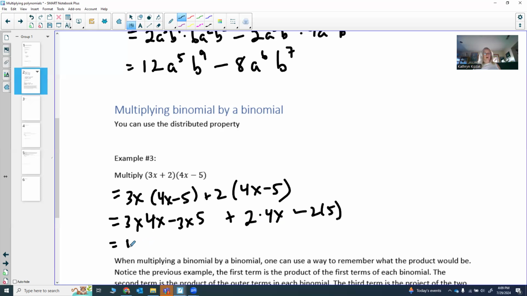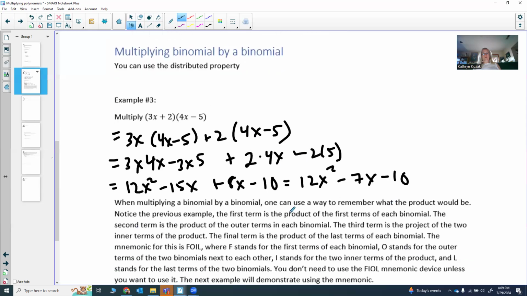So that gives you 12x squared minus 15x plus 8x minus 10. And then collect like terms, gives you 12x squared minus 7x minus 10.